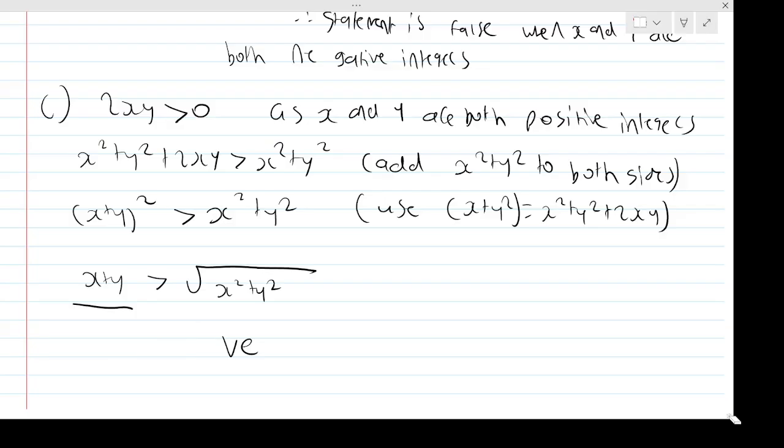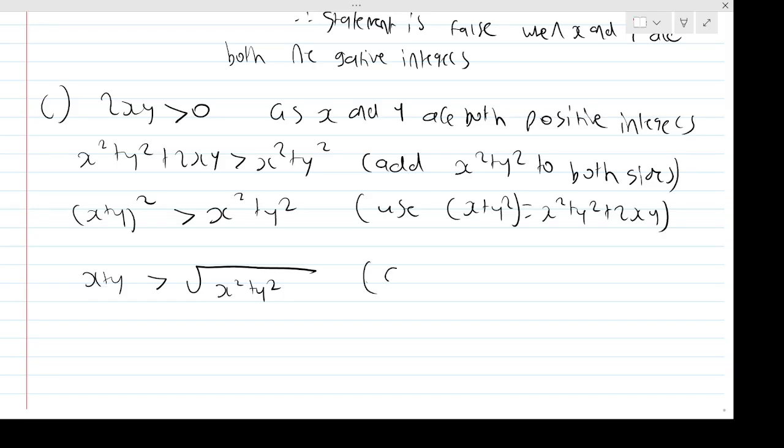But here we are allowed to square root both sides because x plus y is a positive quantity this time, because x and y are both positive. So we are allowed to do this step in this case because it's positive.